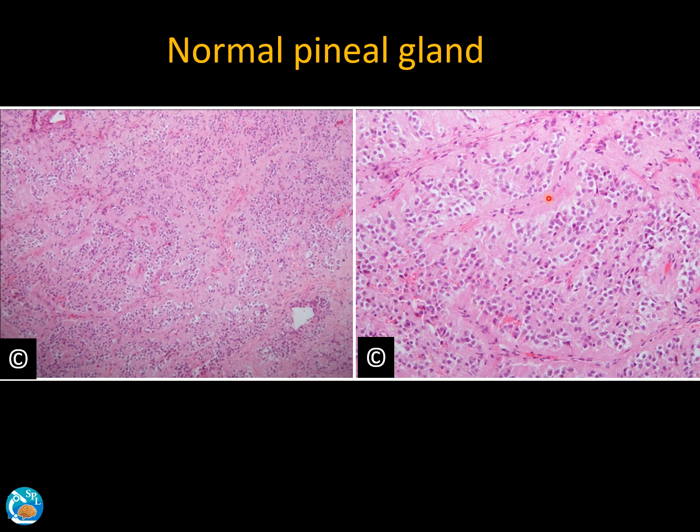Now, the pineocytomas may have lobules, but these are usually ill-defined or poorly defined. And the pineocytomatous rosettes are absent in the normal pineal gland. Now, it is also important to differentiate the normal pineal gland from the pineal parenchymal tumor of intermediate differentiation.